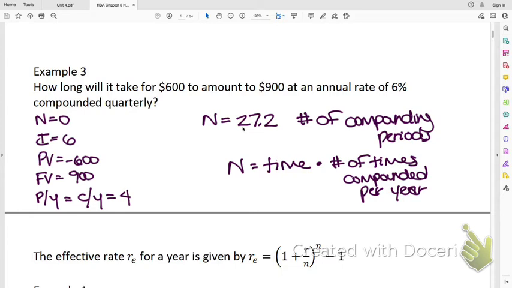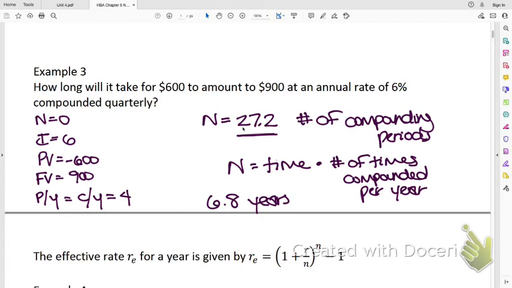Okay. So how am I going to take our N value and solve for time? Divide by 4, right? Because I would have originally gotten that N by taking time and multiplying it by 4. So my final answer is not going to be this 27.2. I'm going to take 27.2 and divide by 4, so I'm going to get about 6.8 years. So you just have to be careful that you don't think N is immediately your time. There's a little bit we have to do on our own.